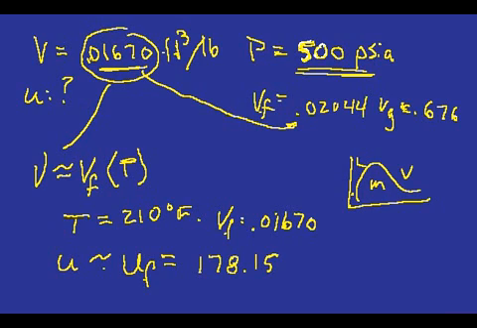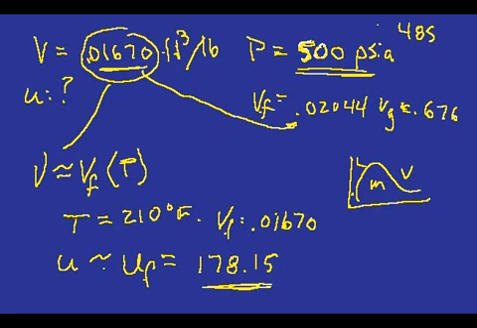Knowing that the temperature is the overriding influence on the liquid, you've got to find the temperature that gives you a volume of 0.01670. Had we estimated the internal energy from the pressure, UF at a pressure of 500, we'd have gotten a value for internal energy of 485.